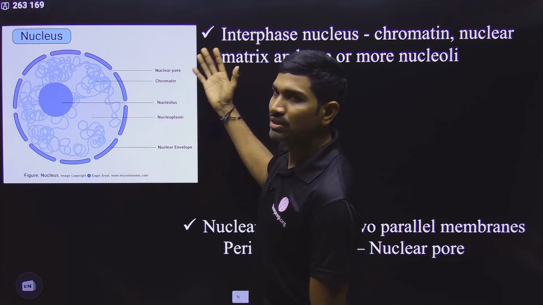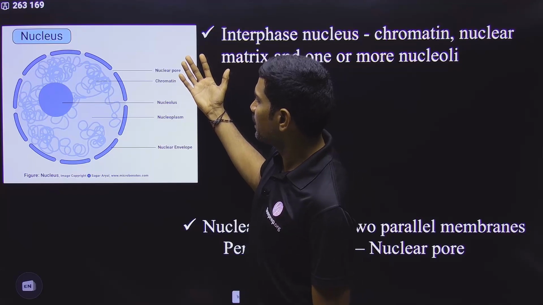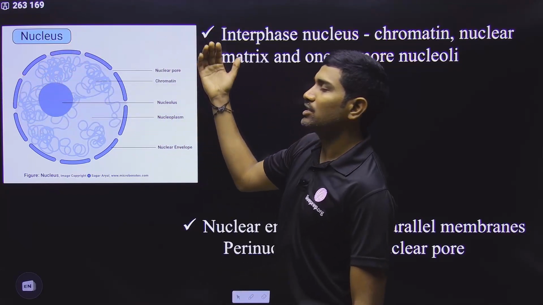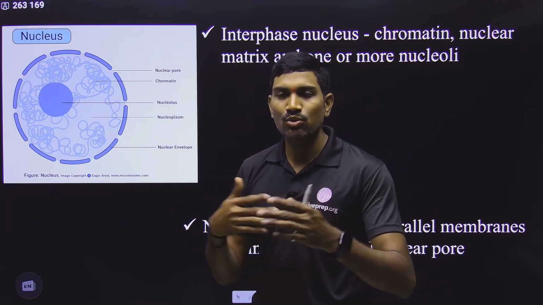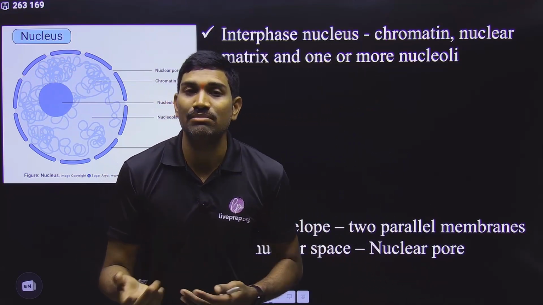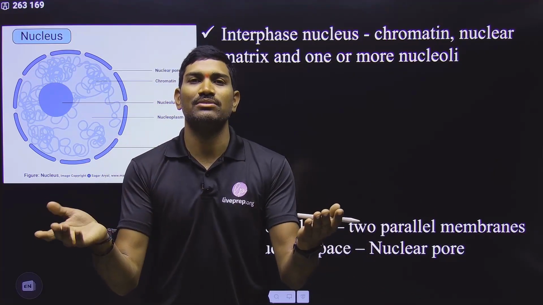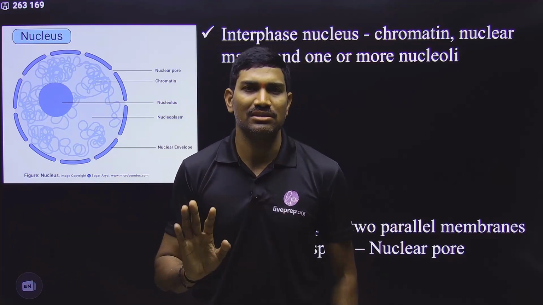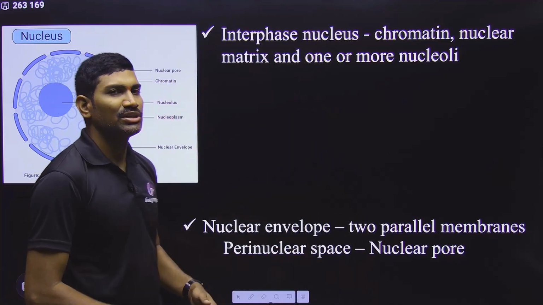Through the nuclear pores, some materials from the cytoplasm can enter the nucleoplasm, and some materials from the nucleoplasm can enter the cytoplasm. So these nuclear pores act as gates between nucleoplasm and cytoplasm, so that proteins and other molecules can easily pass. Clear? This is one important information we need to understand.